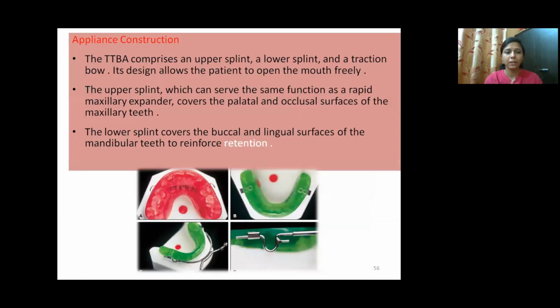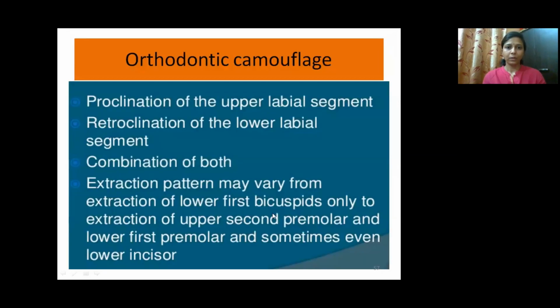For the appliance construction of this tandem traction bow appliance, there is an upper splint and a lower splint and a traction bow which can be modified from the face bow. The upper splint, which can serve the same function as a rapid maxillary expander, covers the palatal and occlusal surfaces of the maxillary teeth, and the lower splint covers the buccal and lingual surfaces of the mandibular teeth to reinforce retention.